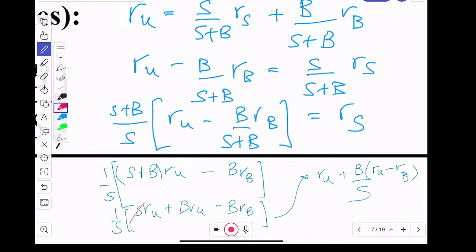So that is where the formula comes from. And what does it say? So what I've done is I found what RS is equal to.